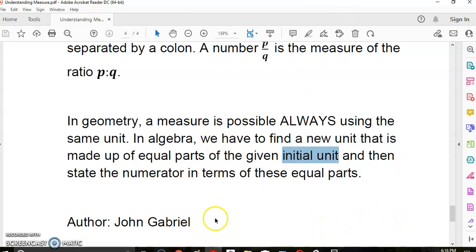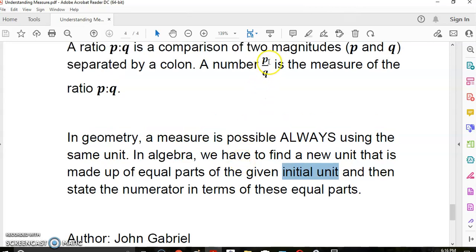And then we state the numerator in terms of these equal parts. Okay, in other words, we enumerate how many of the equal parts we're talking about and give it a name in terms of the fraction parts, P and Q.